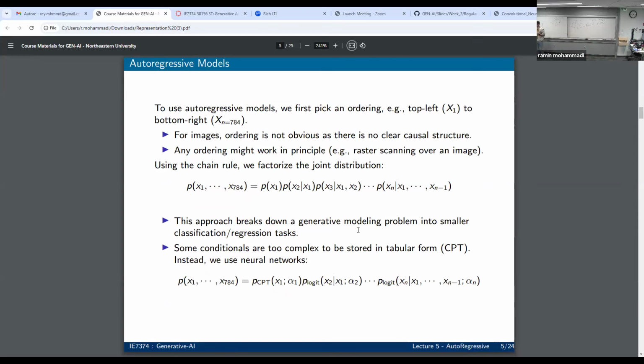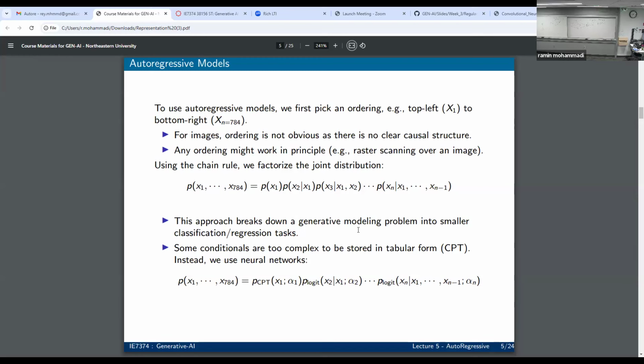The thing about images is that they don't have a clear ordering. We don't know what the actual ordering of image pixels is, so you can pick different ways of ordering. One of the common ones is called raster scanning, where you go to the right, go down, right, down, all the way from the start to the end.